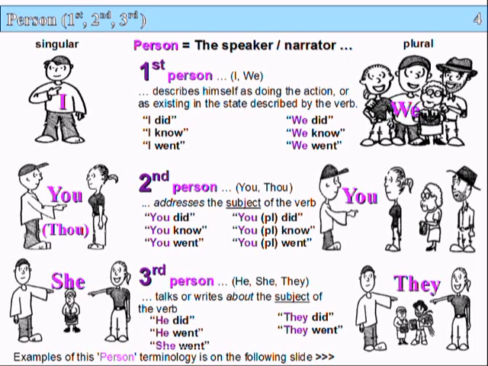So that's these grammatical terms, and we need to become familiar with these terms because we use them all the time when we are learning these new words and discussing grammar in various ways. So let's have a look at some examples of this person terminology.